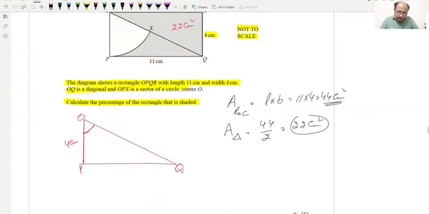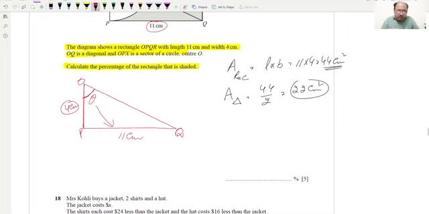So this side is 11 centimeters, and this side was 4 centimeters. Now this is our theta, so the opposite will be this one and the adjacent will be 4. So opposite over adjacent is tan theta.